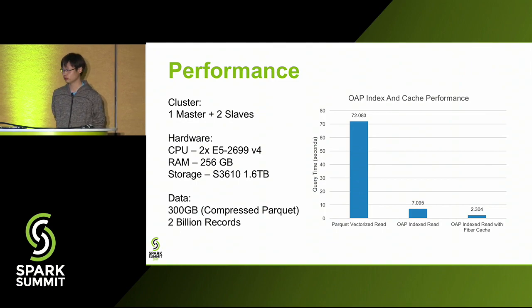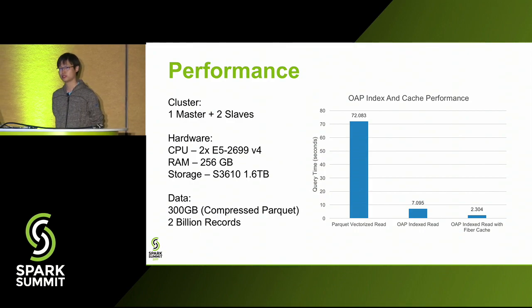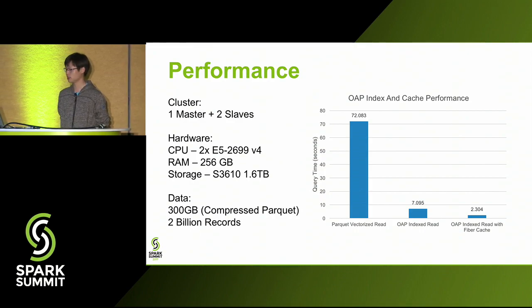Yes, and we did some draft benchmark in our lab. We have a 2 slave node cluster that's really small, but just for proof of concept. We generate 300 gigabytes of data compressed with gzip and stored in Parquet.